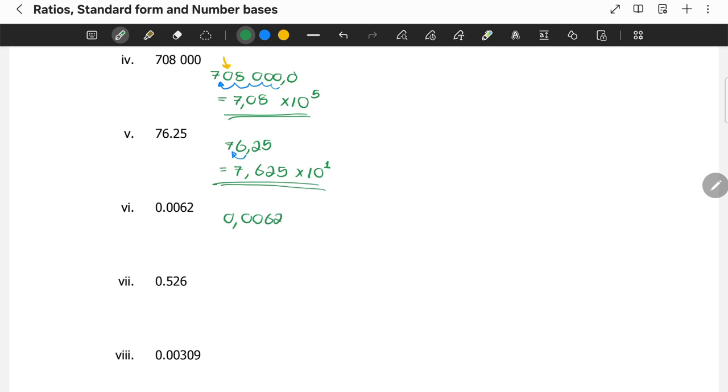And then we have 0.0062 to standard form. Now there's only a 0 before the comma. To have the first non-zero digit before the comma, our comma has to move to the right. If it's going to move to the right, that means it's going to have a negative power on the exponent. So it's going to move 1, 2, 3, because the first non-zero digit is a 6.